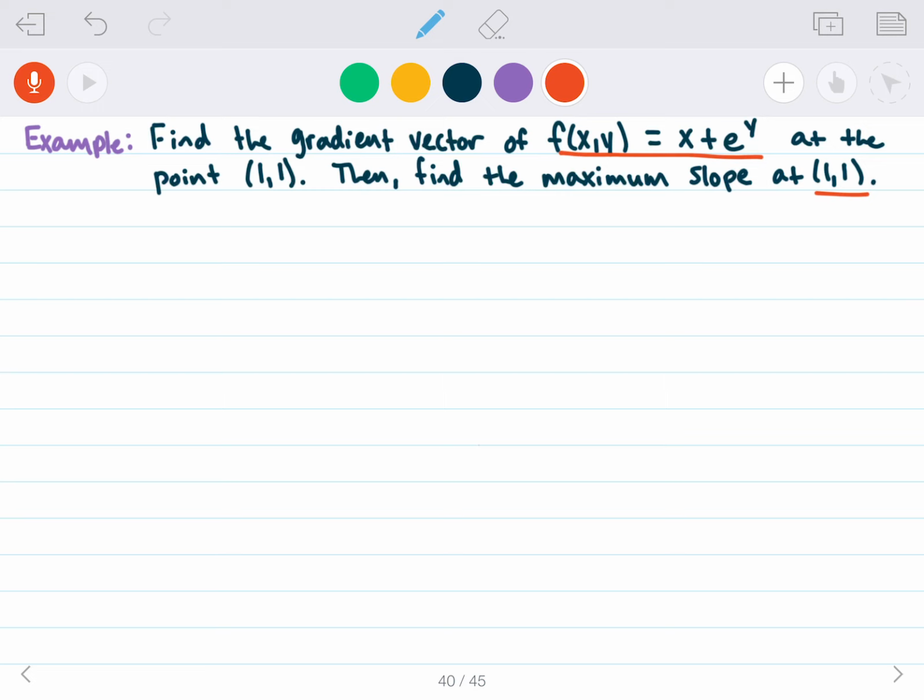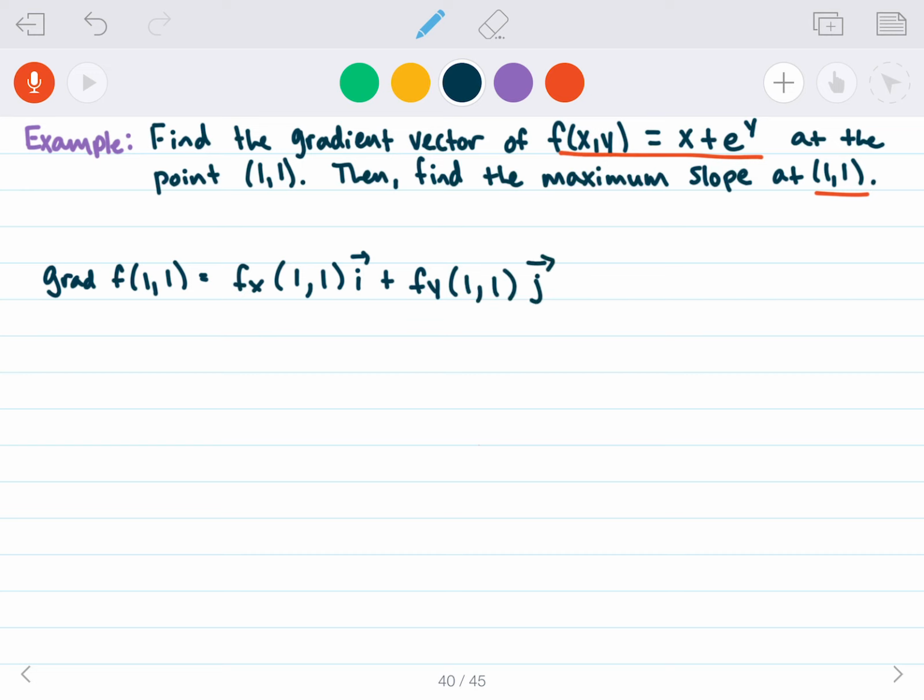The gradient of f at (1, 1) is the partial derivative with respect to x at (1, 1), i, plus the partial derivative with respect to y at (1, 1), j.